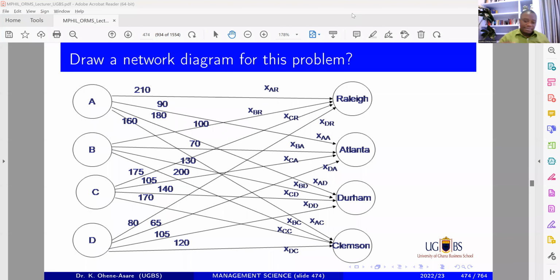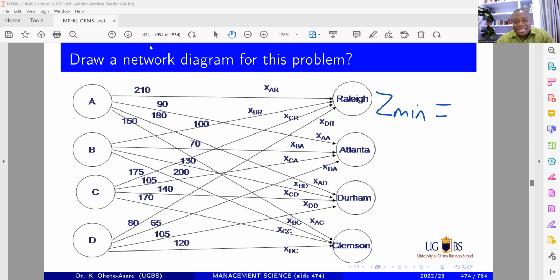Very nicely drawn. Now let's go to the objective function. Are we minimizing or maximizing? We are minimizing the distance. So how do you write the objective function? You write Z min equal to, then you take the arcs, just the arcs.